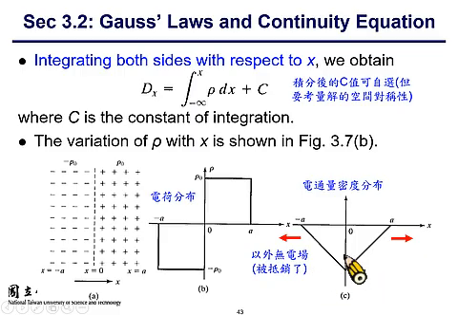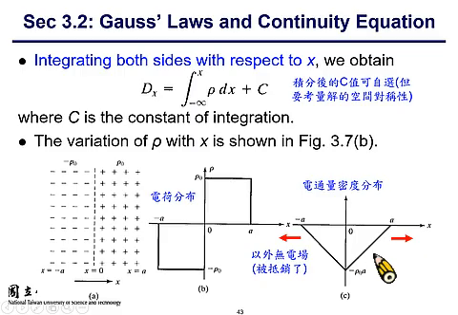Then if you move further to the right, you move into the region of positive charge, and the magnitude of the electrical flux density becomes smaller because part of the effects of the negative charge is cancelled by the positive ones.